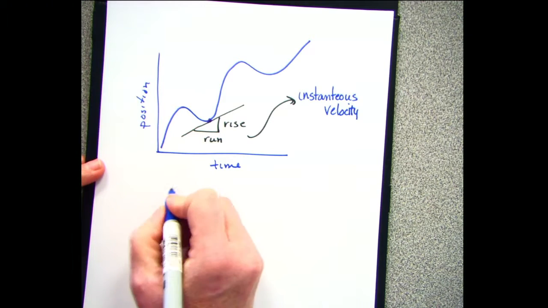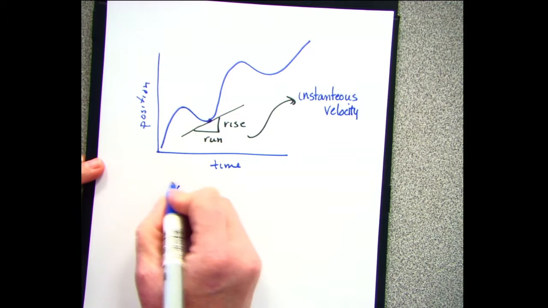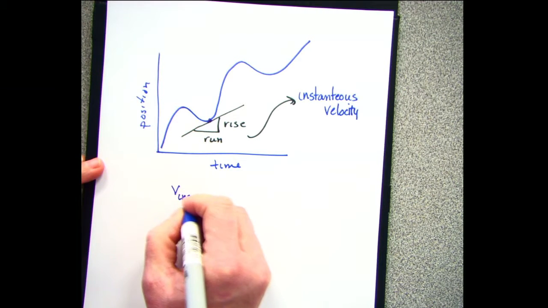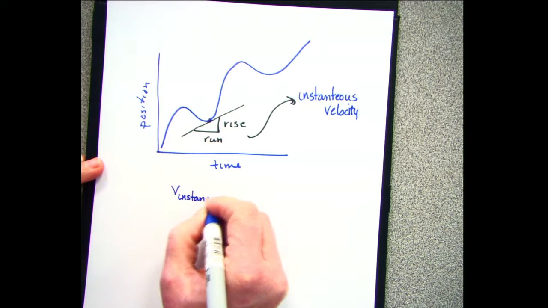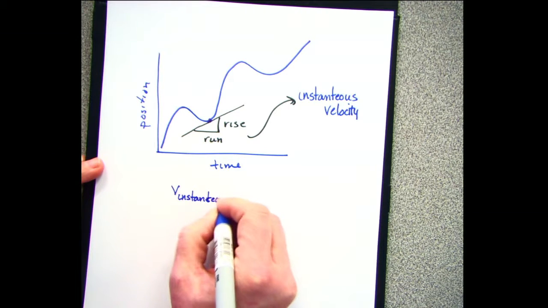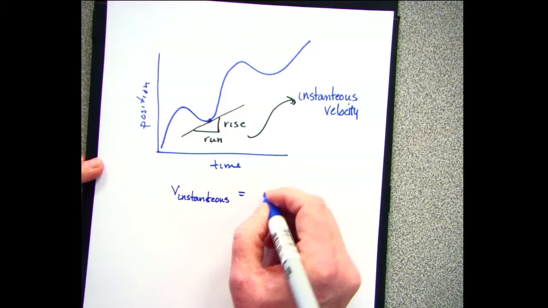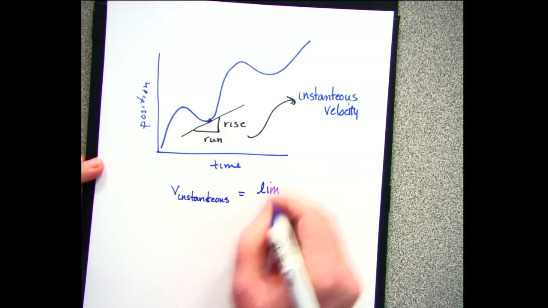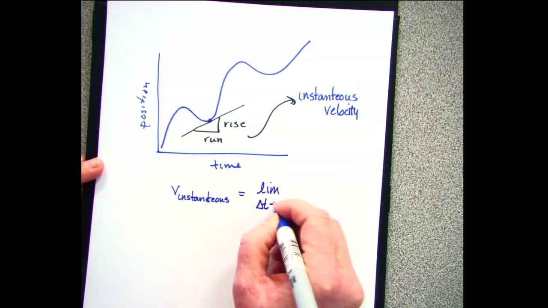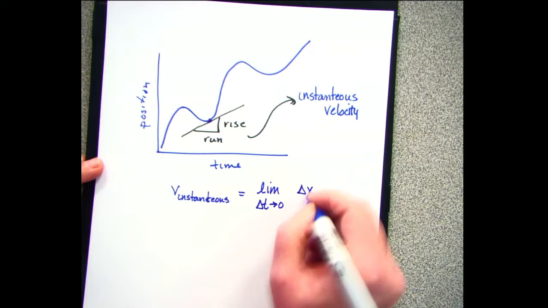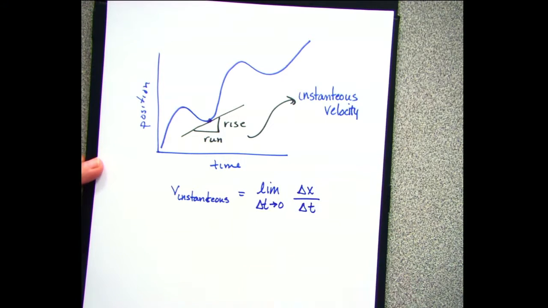And that's actually, if I look at velocity instantaneous, that's going to be the limit as time approaches 0 of my change in position over my change in time. So that's what limits are good for. Okay? This is what limits are good for.